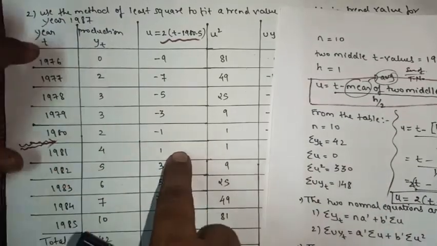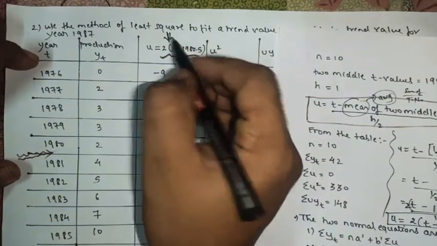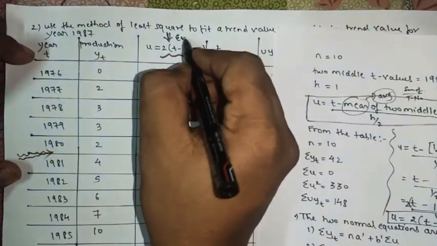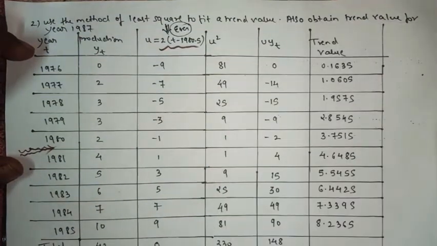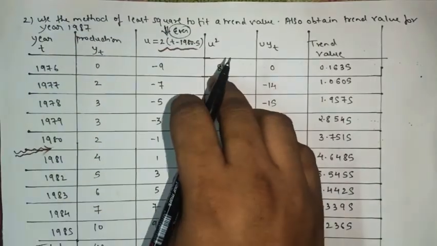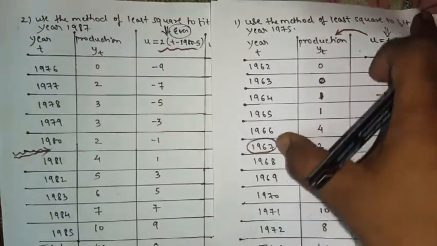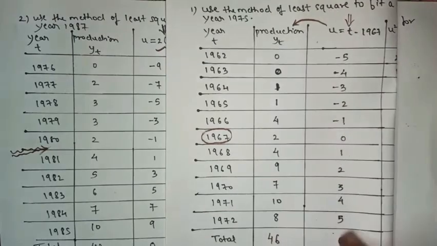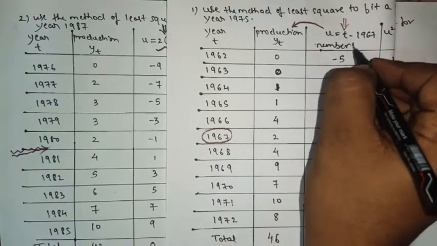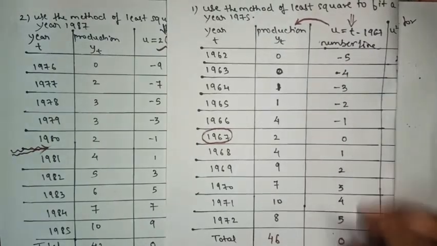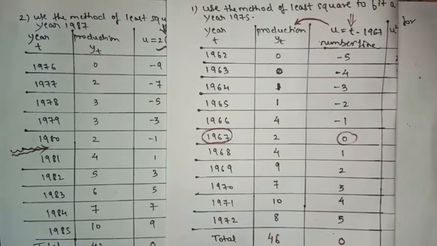Now remember this: whenever the observations are even in number, the trick is like this. For odd numbers, remember, it is like a number line. The middle number will be 0, above negative, below positive.